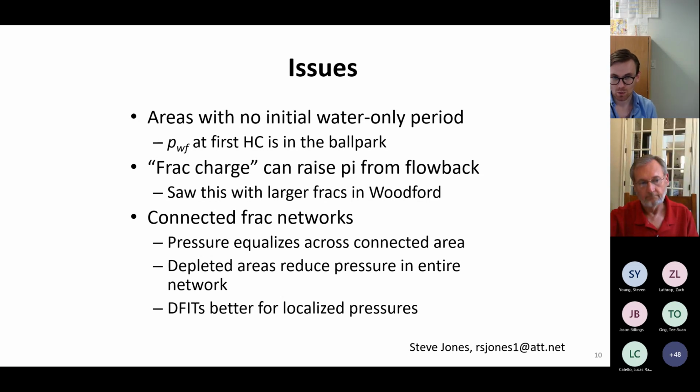And what would you do if you did modeling for a pad and a wide range of wells where you knew that there was significant depletion in some of the children wells, would you still use the same or something close to the initial PI or something else?